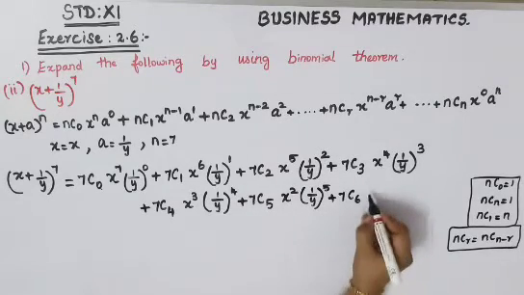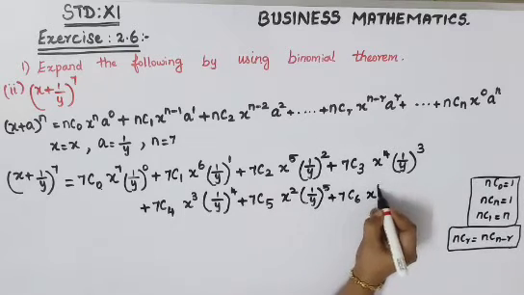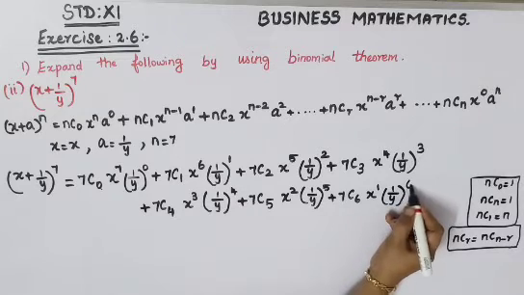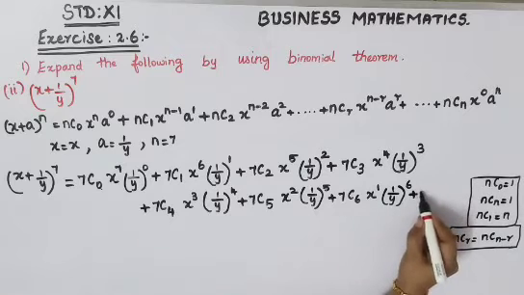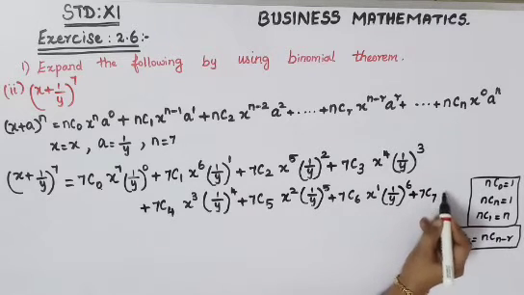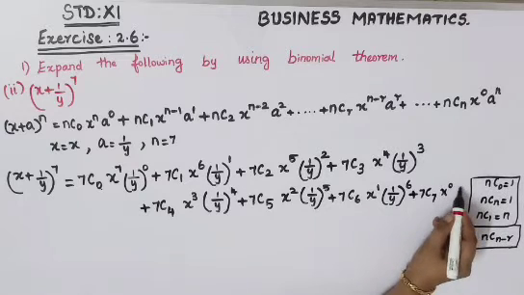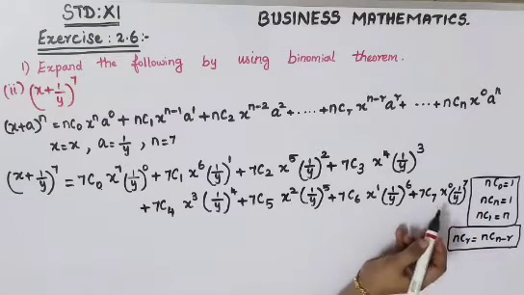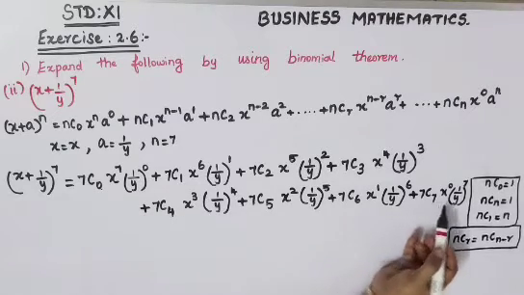So 7C6 x power 7 minus 6 is 1, 1 by y power 6, plus last term, we have completed up to 6. So last will be 7C7 x power 0, because 7 minus 7 will become 0, 1 by y power 7. So starting with your 7C0 till you get your 7C7 you will have to proceed.